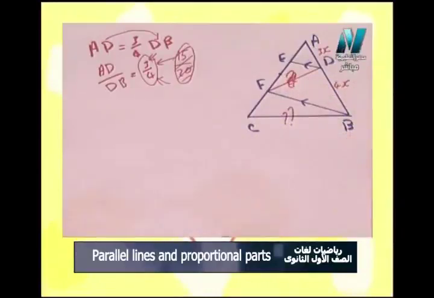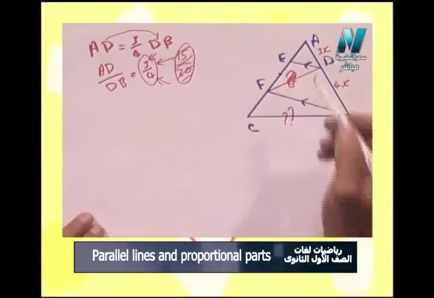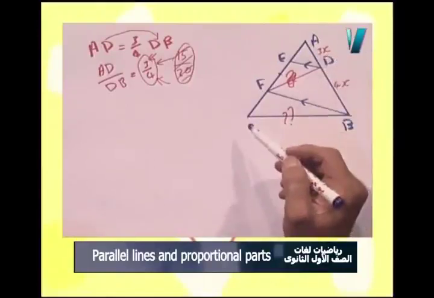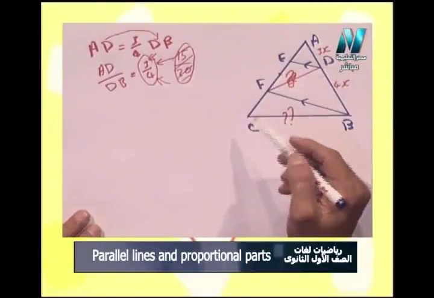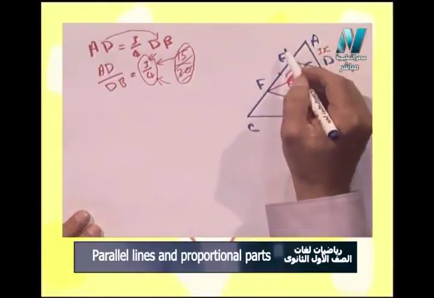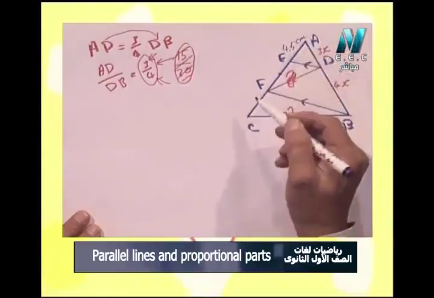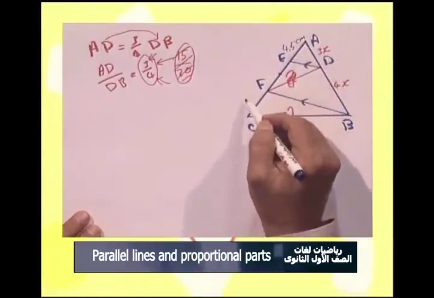Okay, let's go to the solution. We have here AD to DB 3 to 4, so we can say 3x and 4x. And we have AE equal 4.5 centimeters and FC equals 14 centimeters.